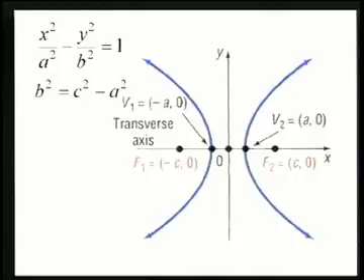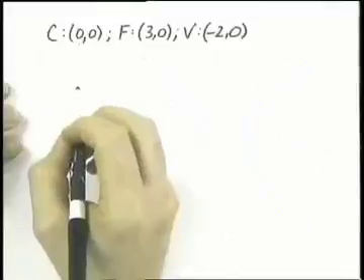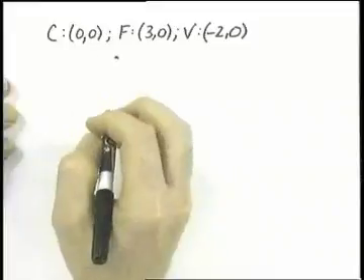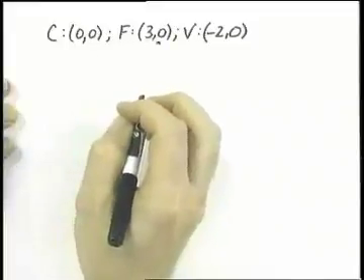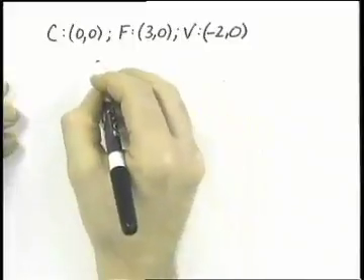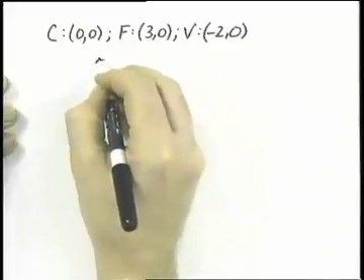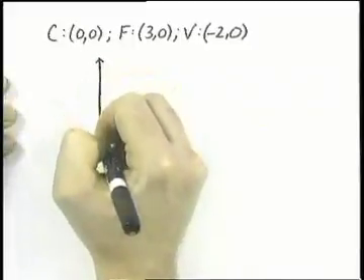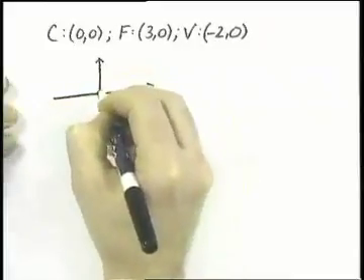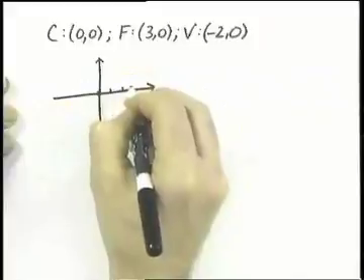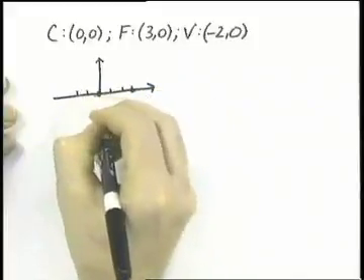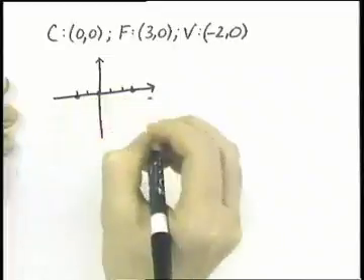Now let's go ahead and do an example. We're given the center of the hyperbola is at the origin. We have one focus at 3 comma 0 and a vertex at negative 2 comma 0. To help visualize what's going on here, it's helpful to draw a little picture. I have my center at the origin. I have a focus at 3 comma 0. I have a vertex at negative 2 comma 0.